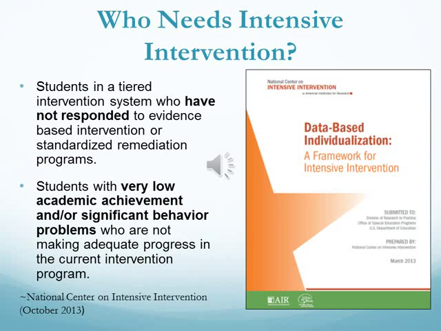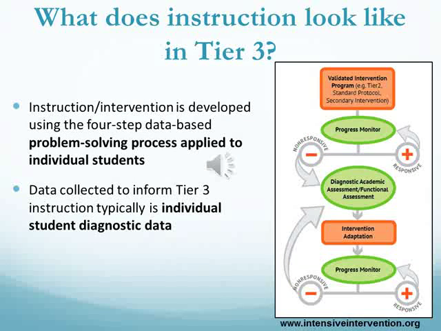Two main points of this document are that intensive intervention is meant for students that have not responded to prior tiers of support and that have historically had very low academic achievement and are not progressing adequately towards core expectations. Instruction and intervention is developed using a 4-step DBI problem-solving process applied to individual students, compared to problem-solving instruction for skills in Tier 2.